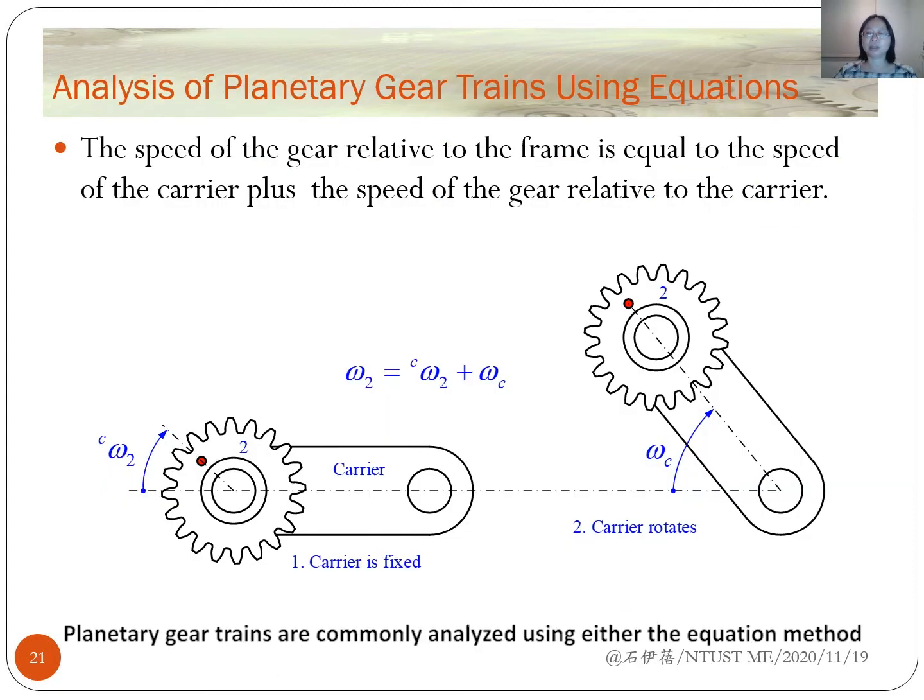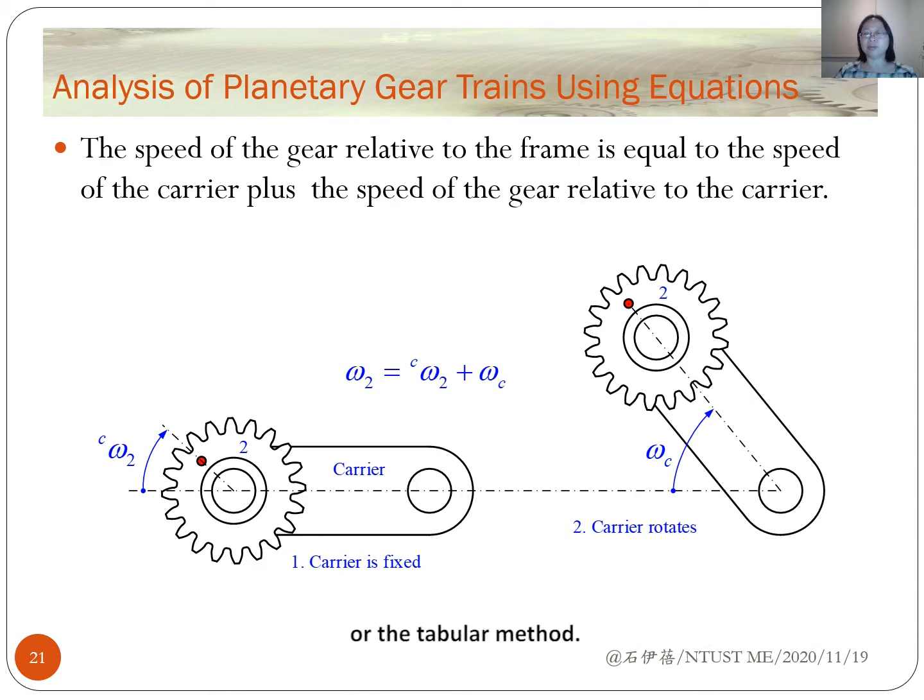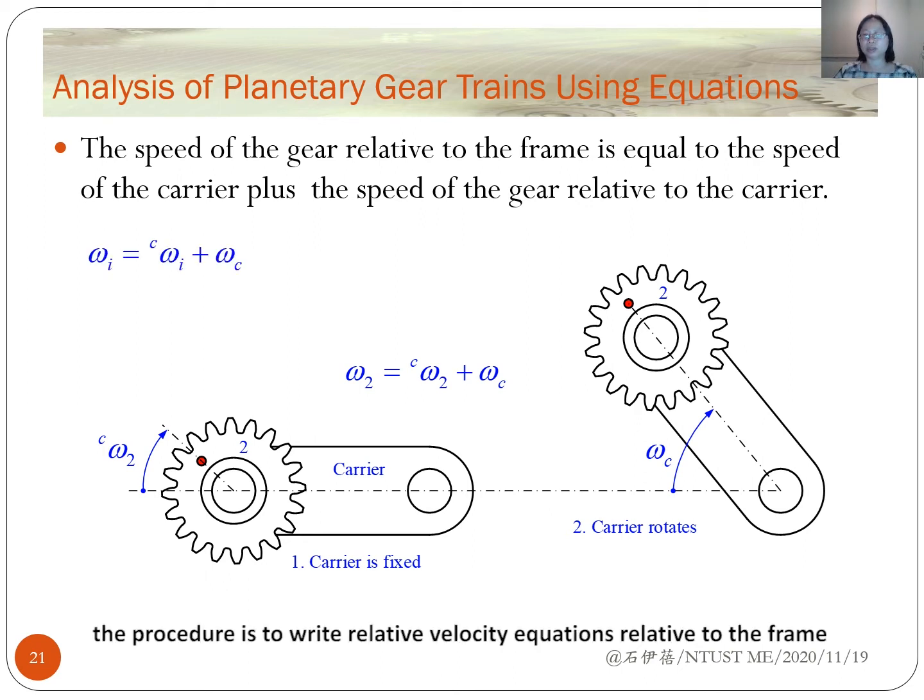Planetary gear trains are commonly analyzed using either the equation method or the tabular method. We only talk about the equation method in this course. In the equation method, the procedure is to write relative velocity equations relative to the frame for each of the gears with fixed rotation axis.